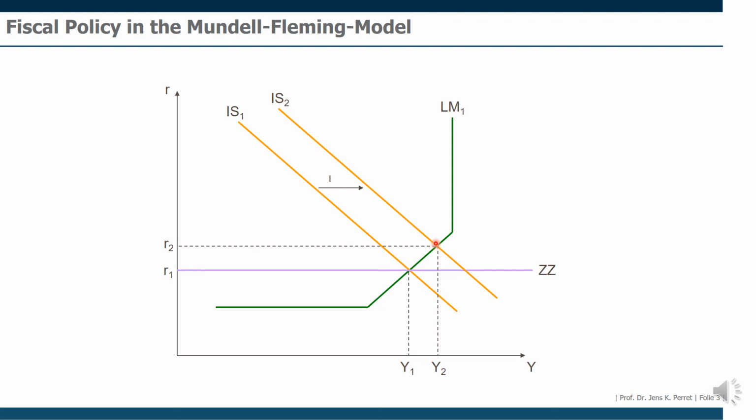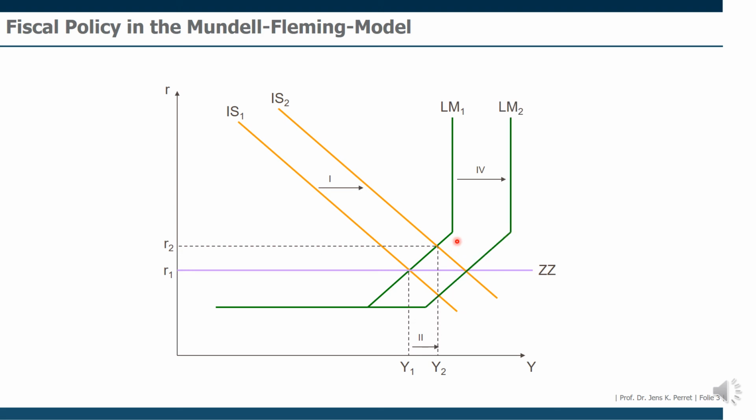So what does the central bank do? Well, they satisfy the additional demand for euros. So they perform expansive monetary policy, increasing the money supply of euros to make the euro cheaper again. Expansive monetary policy means our LM curve will move to the right.